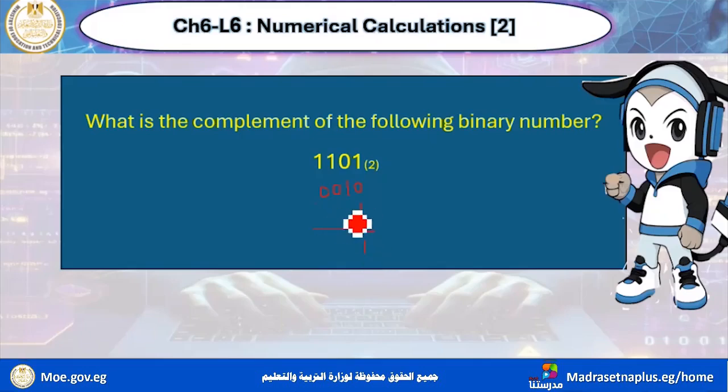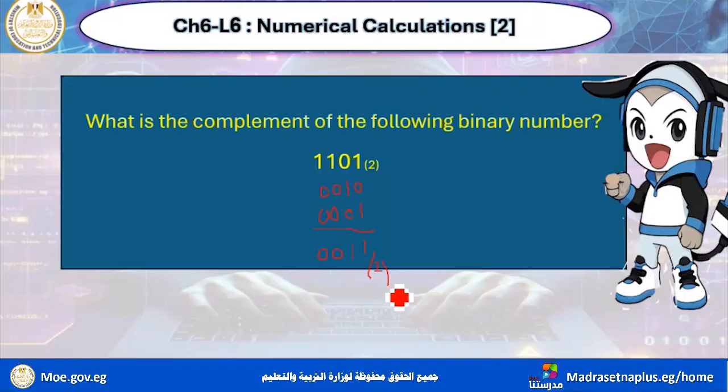What completes the number here? 0, 0, 0. So 1 plus 0 is equal to 1. 0 plus 0 is equal to 0. 0 plus 0 is equal to 0. Don't forget the base. Here your answer is complete.